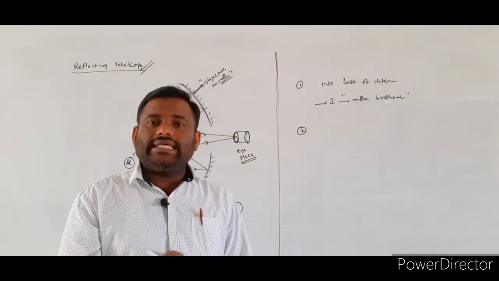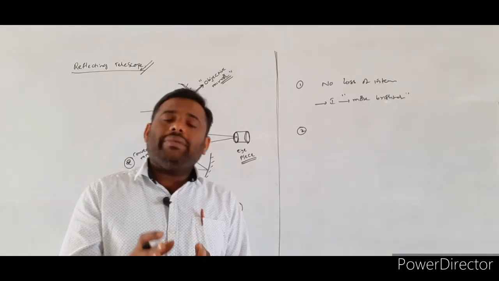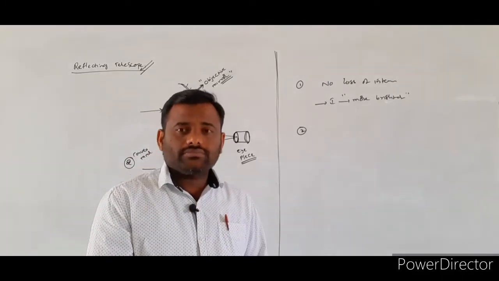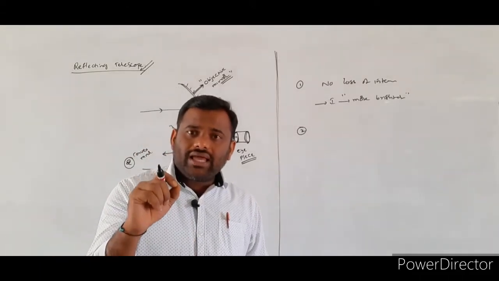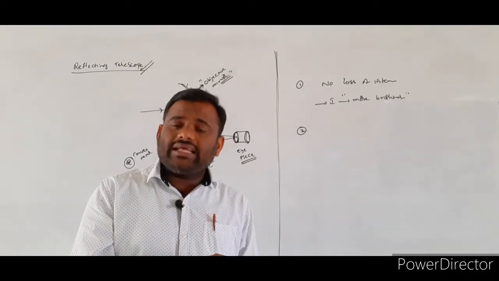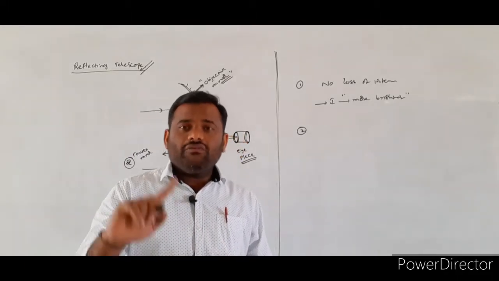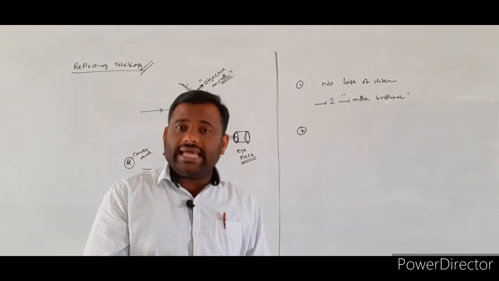And the second one: constructing lenses with a larger diameter is expensive and very difficult. To make bigger diameter or bigger aperture lenses is very difficult with respect to bigger size mirrors.